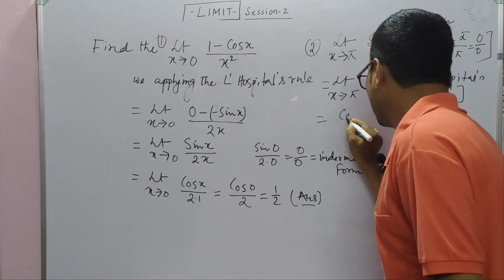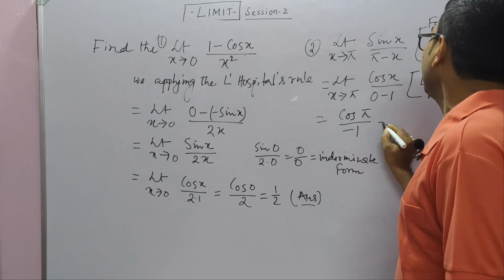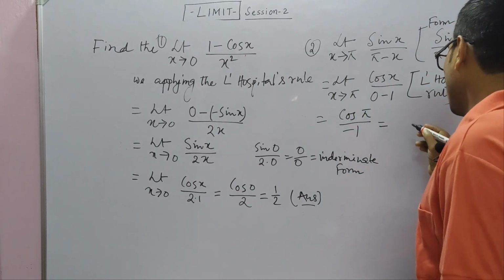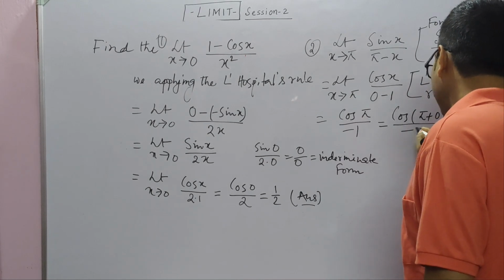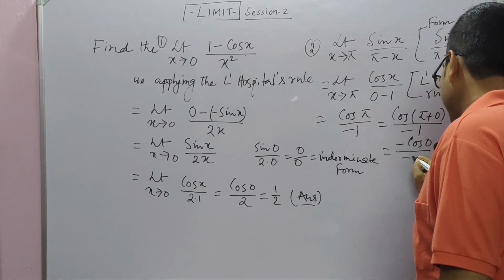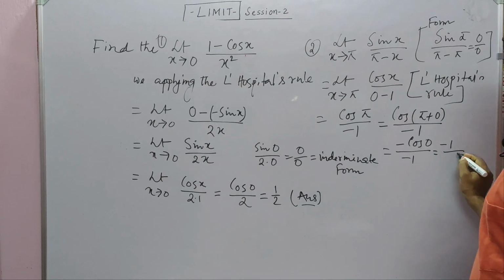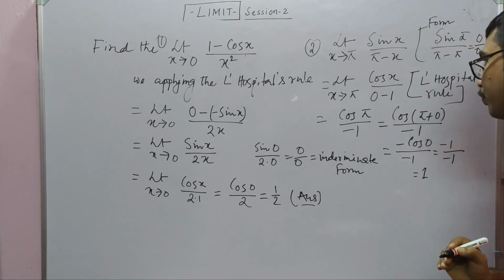Now we put cos pi by minus 1, cos pi is cos 180, which means cos pi plus 0 by minus 1, lying on the second quadrant, cos 0 by minus 1, that is minus 1 by minus 1, giving 1.